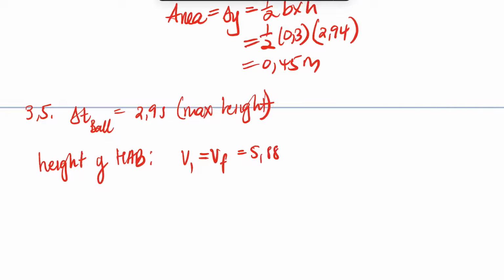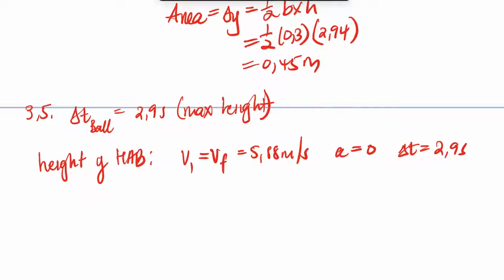So its initial and final is going to be the same, 5.88 meters per second. And the acceleration is 0 because it's moving at constant velocity. And the time it took is 2.9 as well.